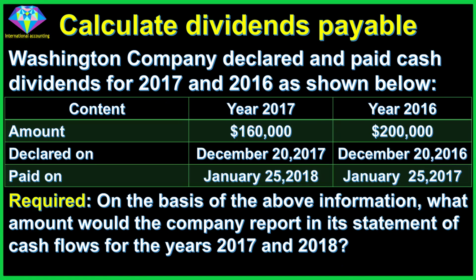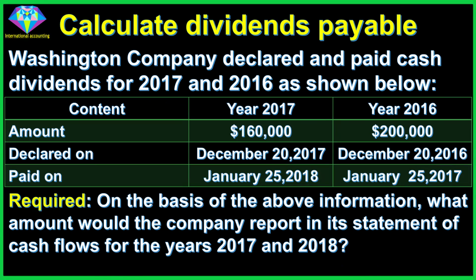Number 2. Washington Company declared and paid cash dividends for 2017 and 2016 as shown below. We have 3 columns: content, year 2017, year 2016. Amount, $160,000 and $200,000.